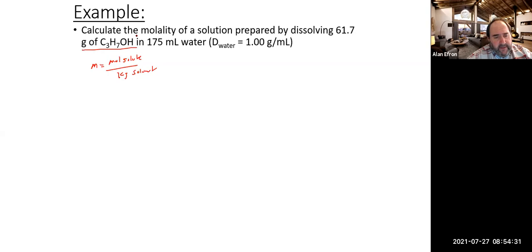The moles of the solute in this case would be what we're dissolving in there. If we did our molar mass of that compound, we got 3 times 12.01 plus 8 times 1.008 plus our 16, which is 60.09. So we could right off the bat just take our grams and convert them into moles.